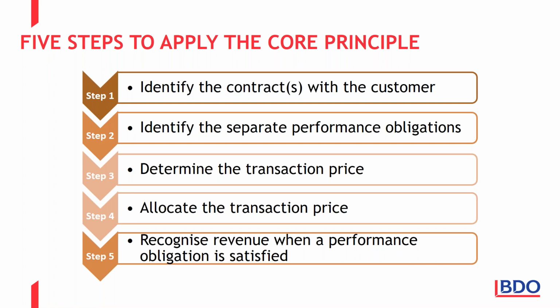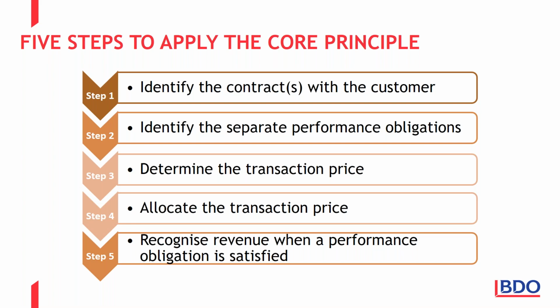Remember, in our situation, if we're a not-for-profit entity applying AASB 15, we know there would be sufficiently specific performance obligations. Otherwise, we would not be applying AASB 15 to start with. So identify the separate performance obligations. We would determine the transaction price, and I would say that's the total transaction price.